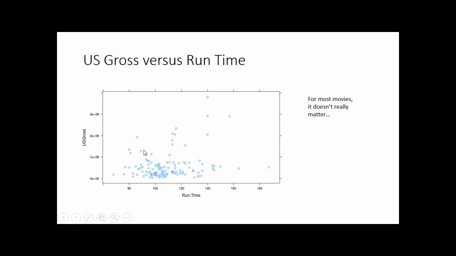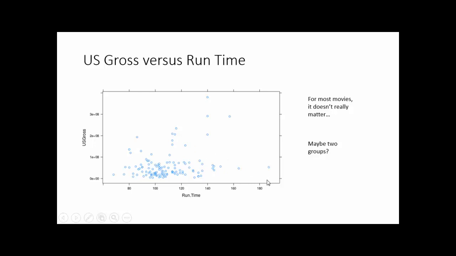But these up here do seem to tend to be making more money the longer they are. It would be interesting to look at these movies and figure out what they might have in common, and this data seems to be pointing to the fact that there might be two different groups of movies as far as gross receipts are concerned, right?